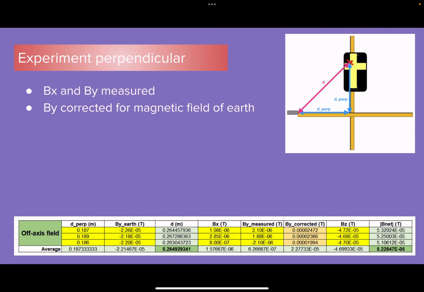And when we did it on a perpendicular axis, we found that we had to account for By of Earth, and that our B net was 5.22e-5 Tesla, and our By was generally a little bit bigger than the other two.